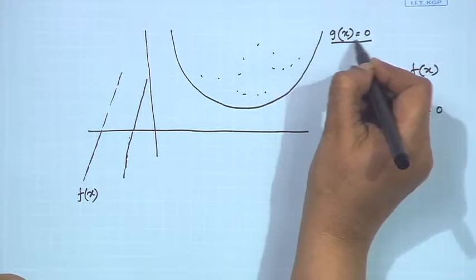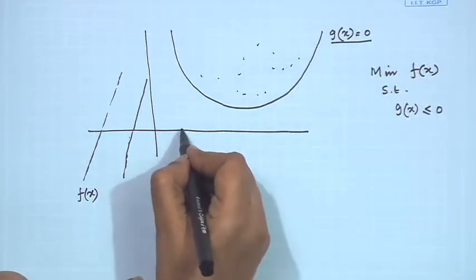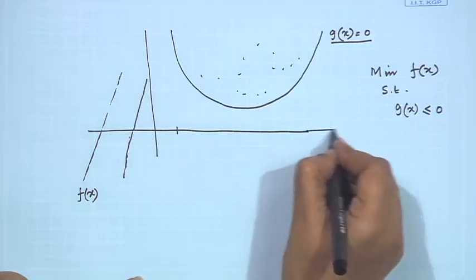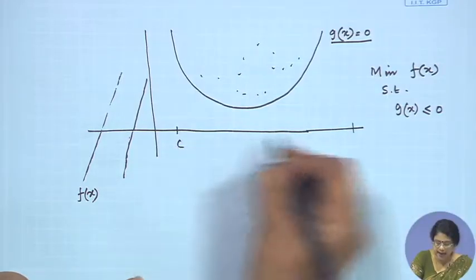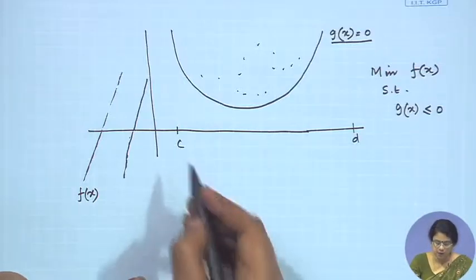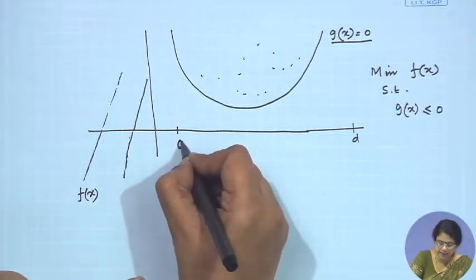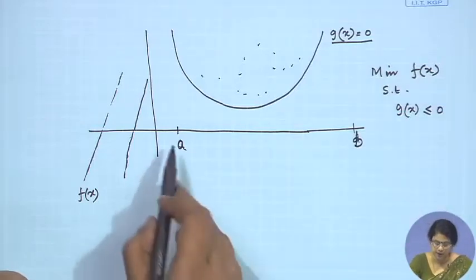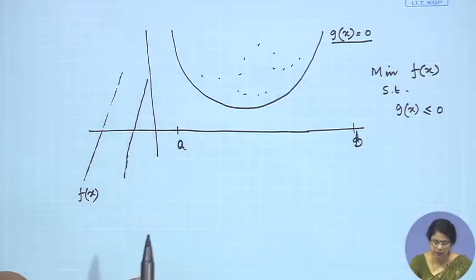We have to consider that the whole thing is included within C and D, say. Let me consider instead A and B, the first 2 points. The function is in between these.